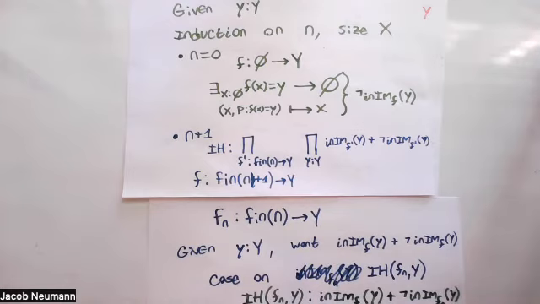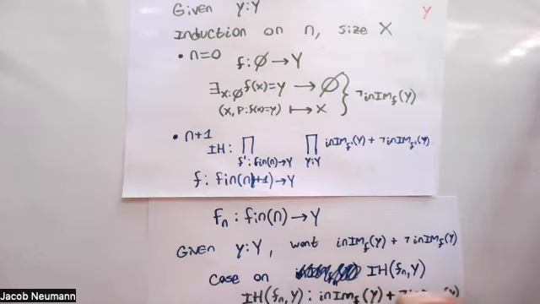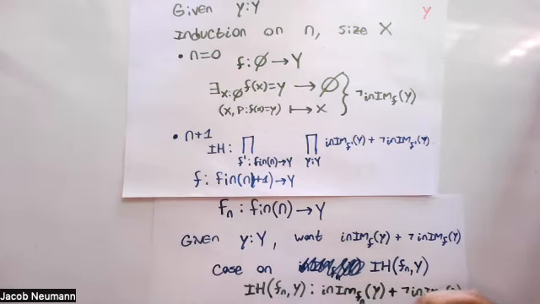And so I can break into these two cases. So case one is that IH of fn and y is equal to inl of some k, where k is in the pre-image of fn at y.